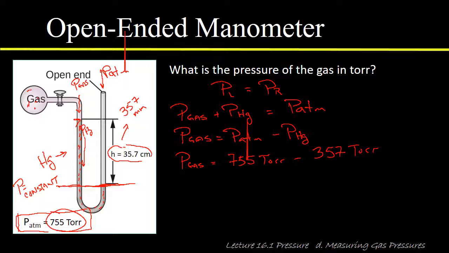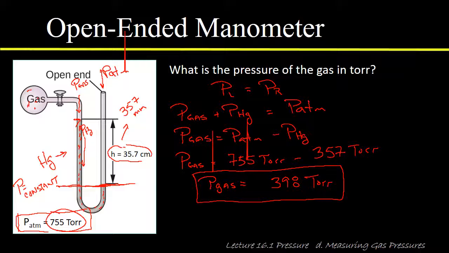Okay. So the pressure of the gas is just 755 torr minus 357 torr, which is 398 torr. Beautiful. We didn't have to memorize any equations. We just had to use a little bit of common sense and reason our way through it.